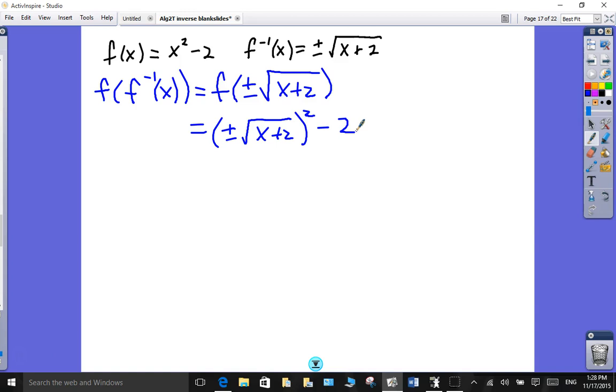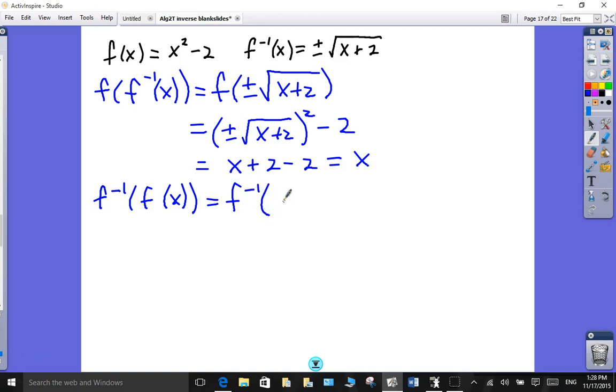And what happens when you square the square root? Yeah, I mean, actually, those are inverses of each other. They cancel each other out. So this whole thing becomes x plus 2 minus 2, which is x. Right? That's the first half of what we needed. Now let's do the other. F minus 1 of f of x equals f minus 1 of x squared minus 2, right?